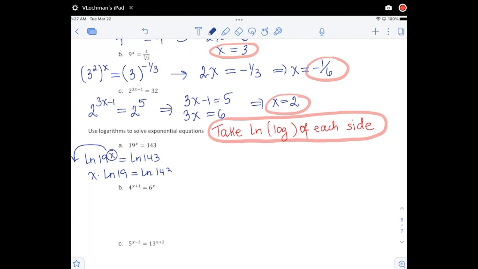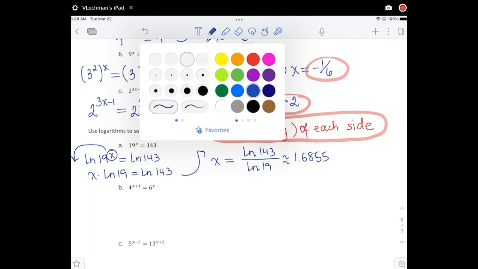They're not nice numbers, right? So keep that in mind, but there's nothing scary about them. We can solve for x here by dividing. So this is natural log of 143 divided by natural log of 19, and roughly approximated, I'm going to get 1.6855 as my answer.